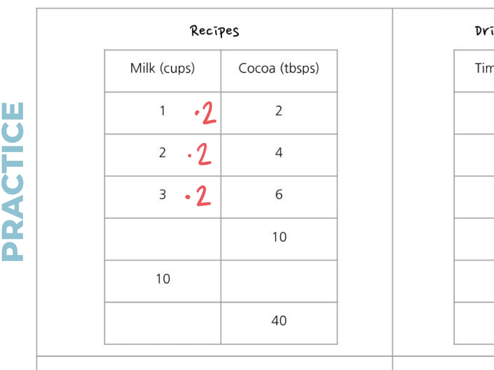So if we're given 10 tablespoons of cocoa, how much milk? 5 cups of milk. If we're given 10 cups of milk, we have 20 tablespoons of cocoa. And the milk, again, is half the size of the cocoa, so what's our last? 20. Very good. Everyone see what we're doing here?